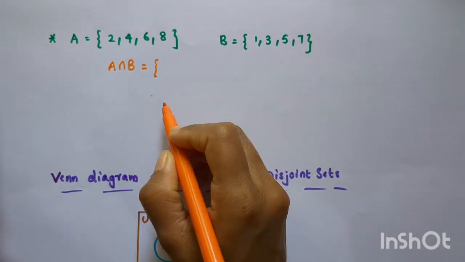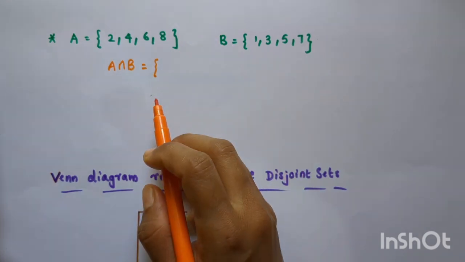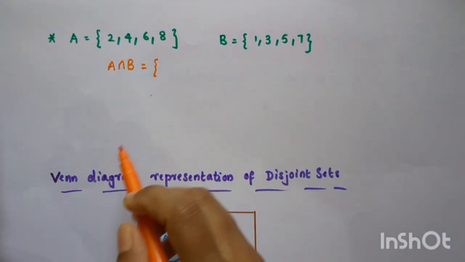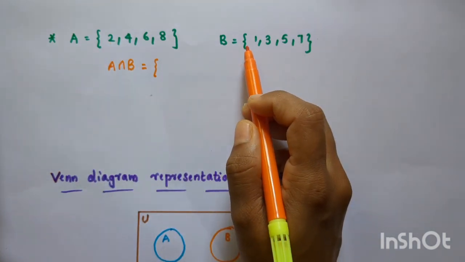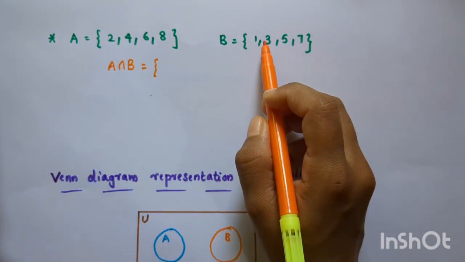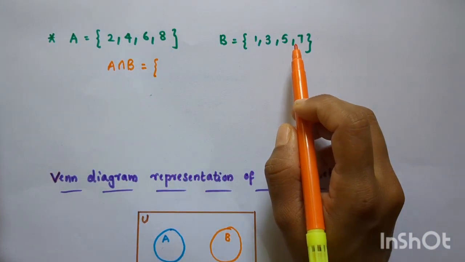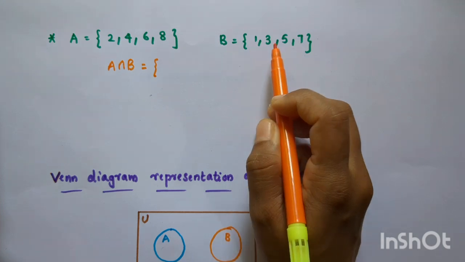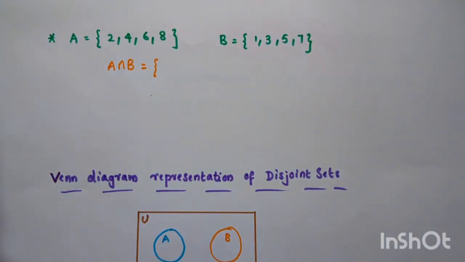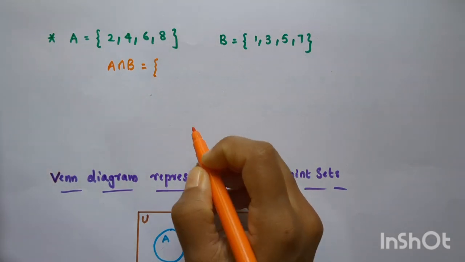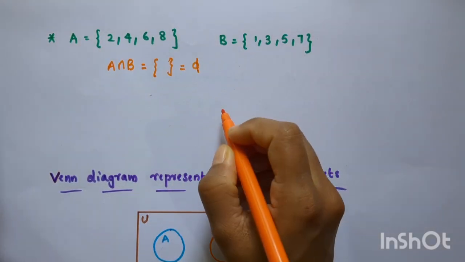We have to consider the elements which belong to both A and B, that is common in both A and B. So here you see we have 2 in A but not in B, so we cannot consider that. 4 in A but not in B, 6 in A not in B, 8 in A not in B. Similarly, if you consider any elements in B, they are not present in A as well. So while we are considering A intersection B, we won't be getting any elements in this set. That is, we will be getting a null set or an empty set.